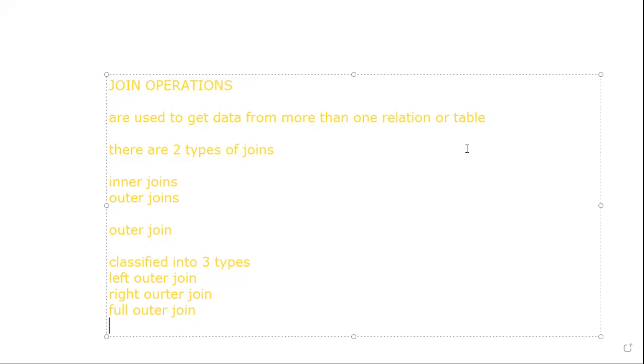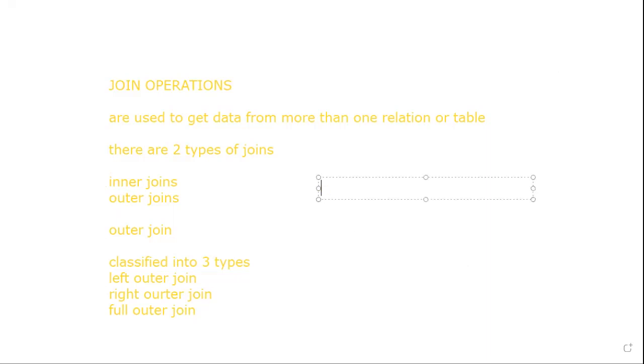Let's take an example. This is table A: number, square. 2 square is 4, 3 square is 9, 4 square is 16.